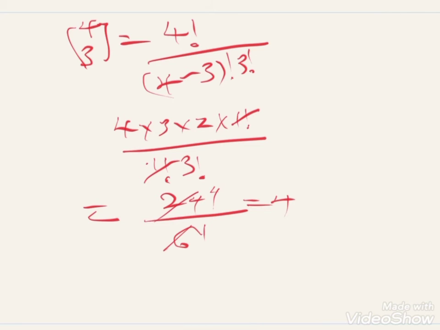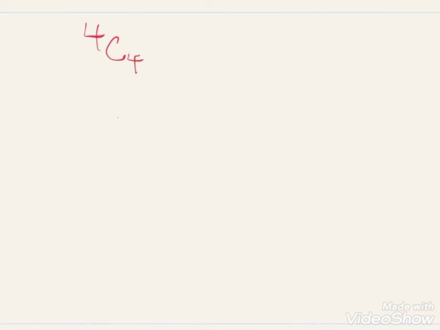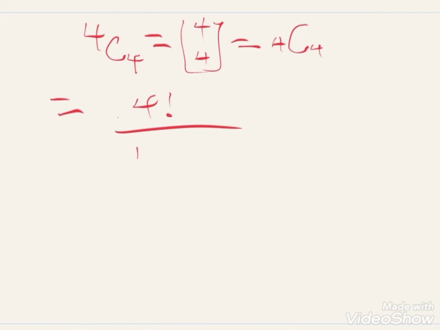So we go to the last one. That was clean. Do you see how interesting this thing is? We have 4 combination 4. We have 4 factorial over (4 minus 4) factorial times 4 factorial.